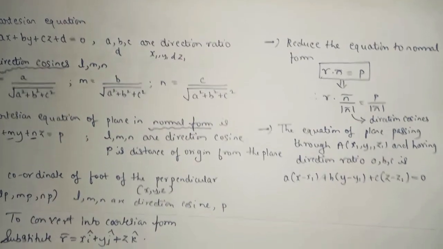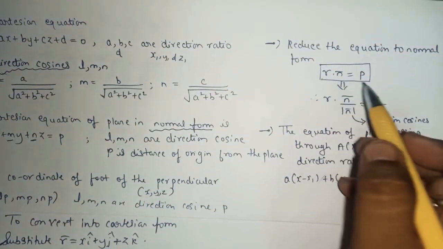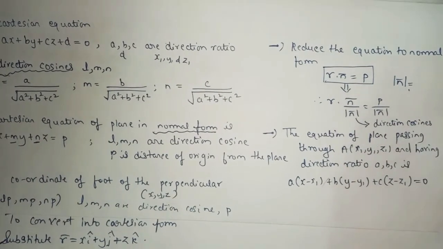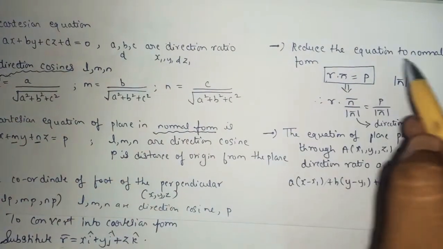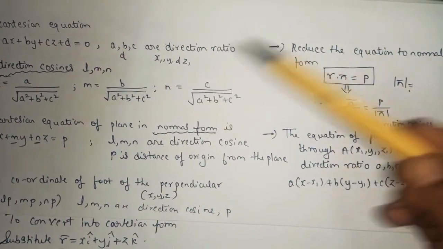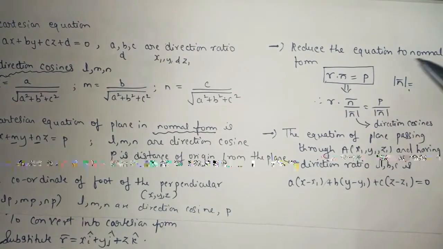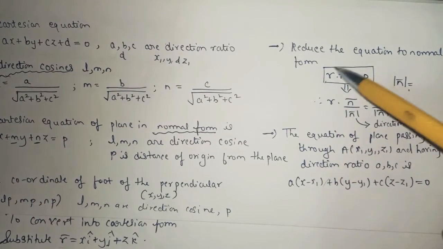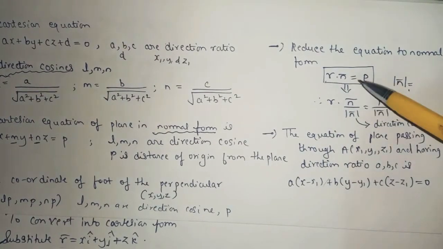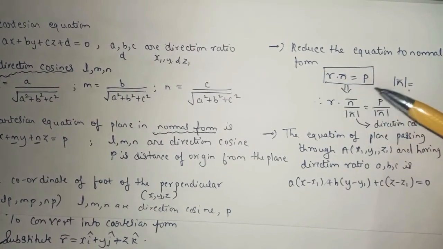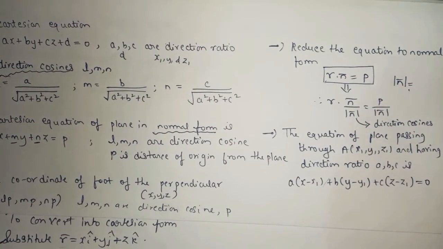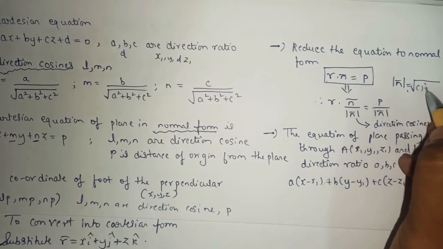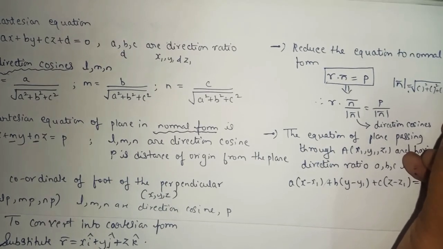So simply what you will do, you will divide the left hand side and right hand side by the magnitude of n bar. That is how you reduce the equation to the normal form. And we know how to find the magnitude, yes or no? To find the magnitude, take the square root of the sum of the squares of the coefficients.